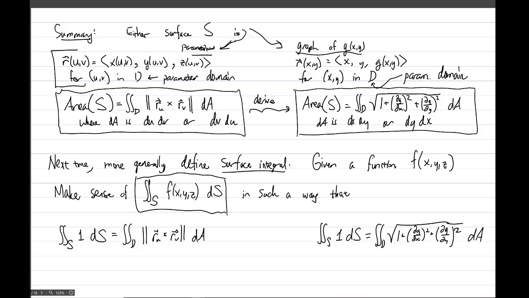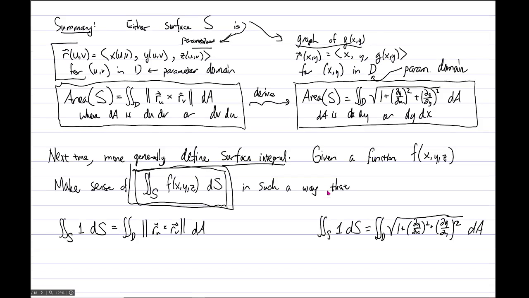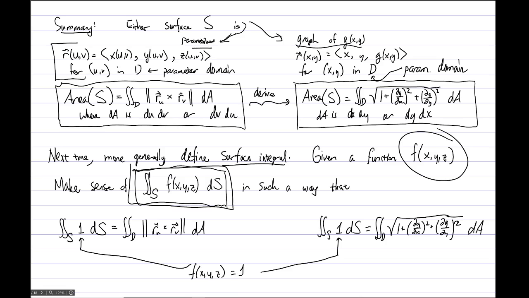So we have these integrals over here, but they're just special cases of this type of integral that we're going to define next time. What do we mean by special case? In the specific scenario we have, we're dealing with, as our warm-up case, the situation when the function f of x comma y comma z is just equal to 1, a constant function.